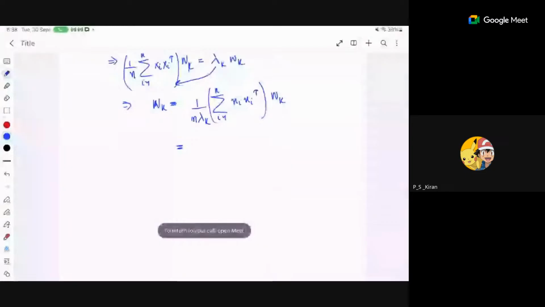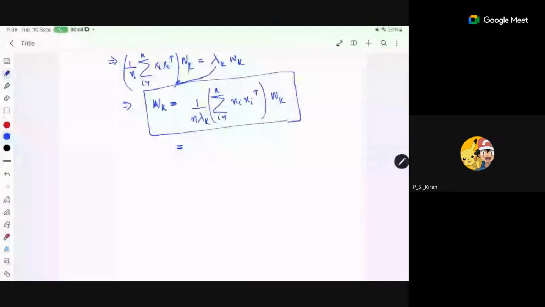All right. So we were here. We found this wk. But see that this term, which is xi transpose wk, you can keep this together, right? This is the associative property.